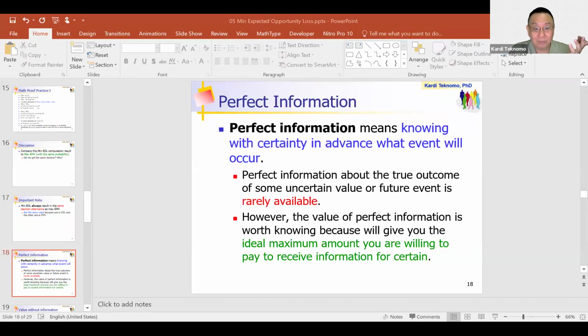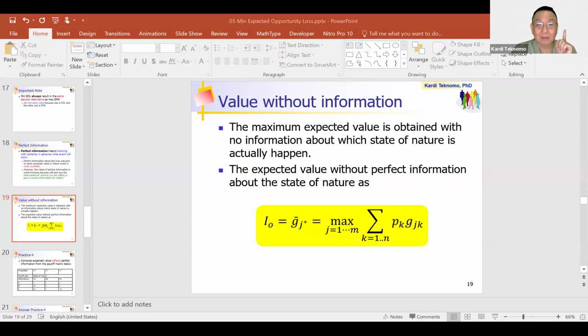And you remember the expected value of perfect information, EVPI, a while ago. You can compute it this way.